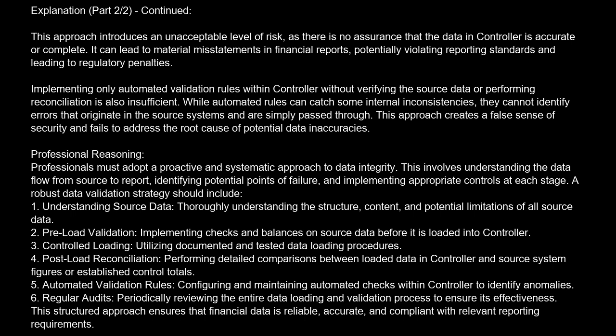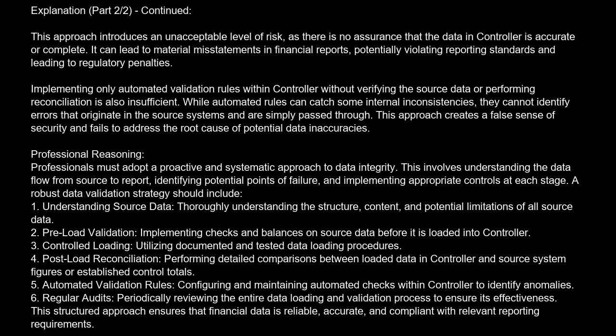This involves understanding the data flow from source to report, identifying potential points of failure, and implementing appropriate controls at each stage. A robust data validation strategy should include 1. Understanding source data, thoroughly understanding the structure, content, and potential limitations of all source data. 2. Preload validation, implementing checks and balances on source data before it is loaded into Controller. 3. Controlled loading, utilizing documented and tested data loading procedures. 4.